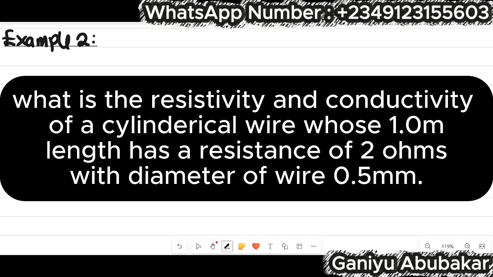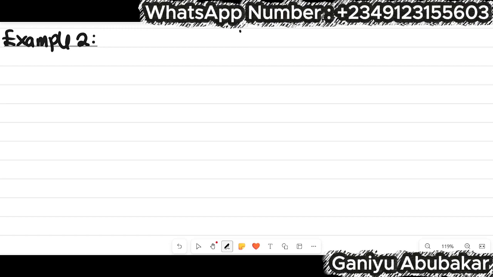What do you do? First things first, what are you given? The question asks for resistivity and conductivity. So resistivity rho is unknown, and conductivity K is also unknown. We are asked to find these two.